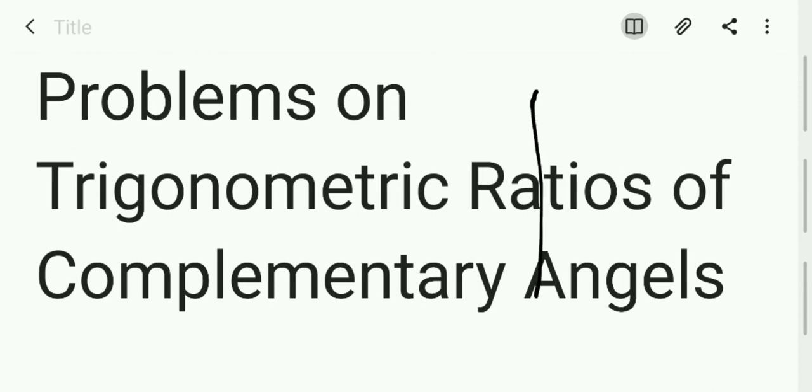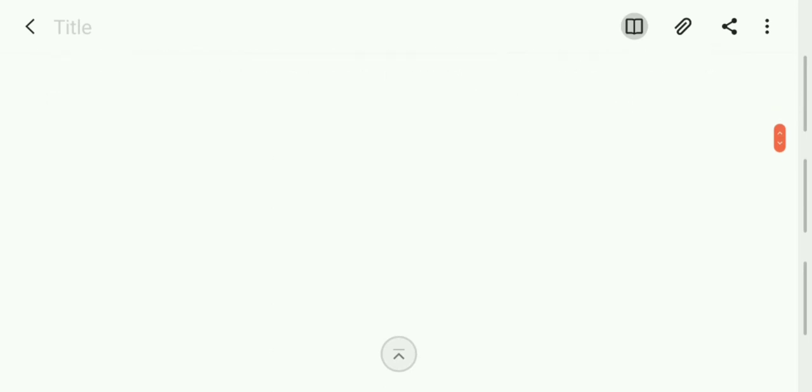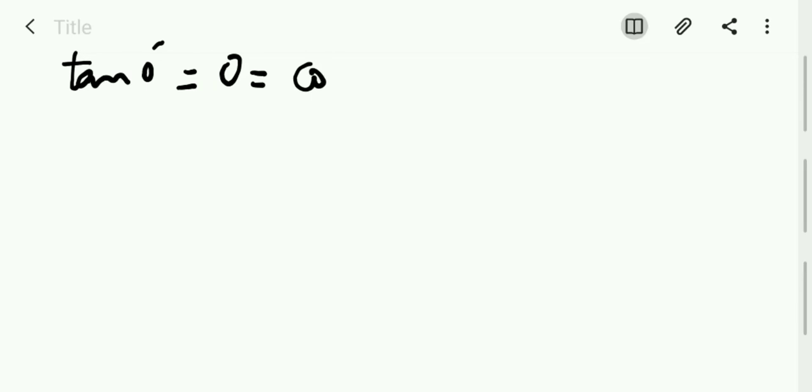Okay, now before moving on to the questions, what is tan 0, guys? We all know tan 0 is 0, and the same value holds for cot 90 degree too. Yes, tan 0 is 0, and cot 90 is also equal to 0.